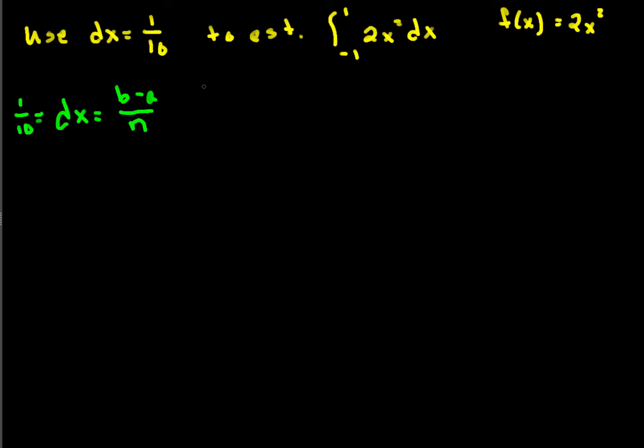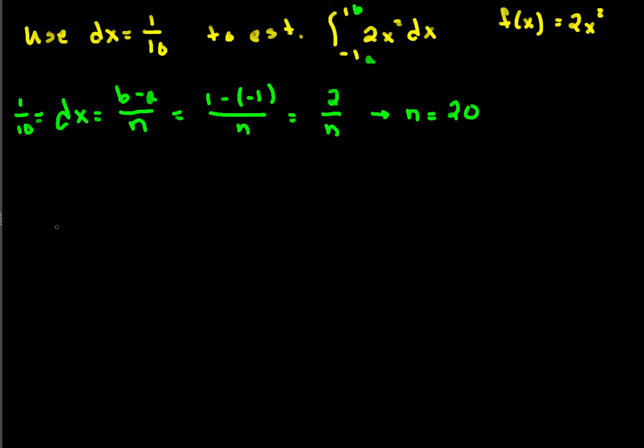And we know what b and a are. B is up here. This is b, our upper bound, and a is here. So this is equal to 1 minus negative 1 over n, which is 2 over n. So then if we want to solve for n, we've got an equation here. This tells us that n has got to be 20.